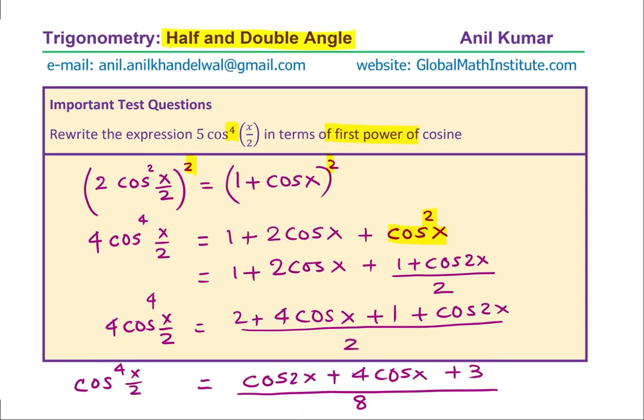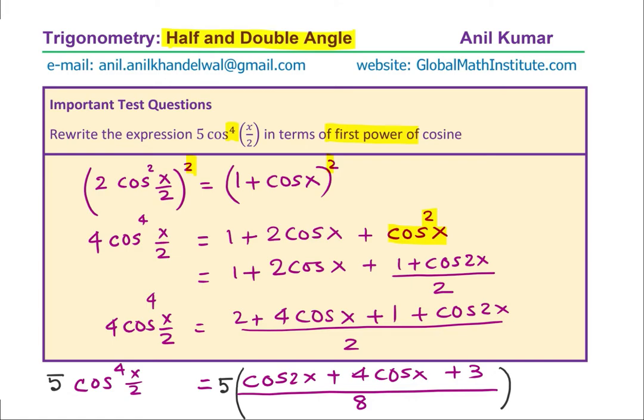Perfect. So we are very close to the solution, and the solution clearly we can now get by multiplying both sides by 5. Correct? So when I multiply by 5, I get an expression which is 5 cos of 2x. You can write a bracket here, right?